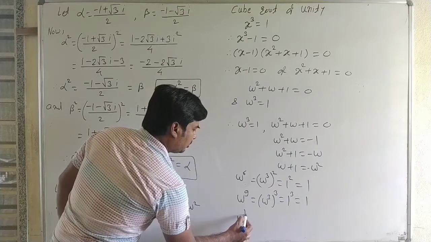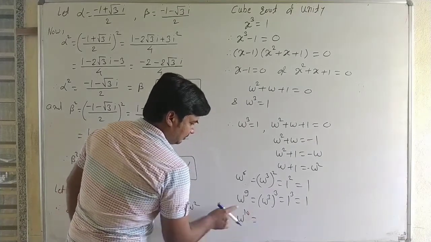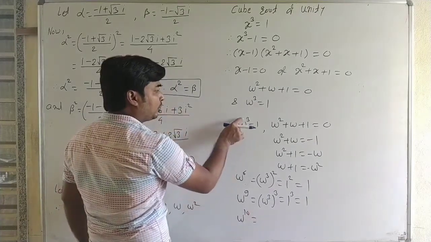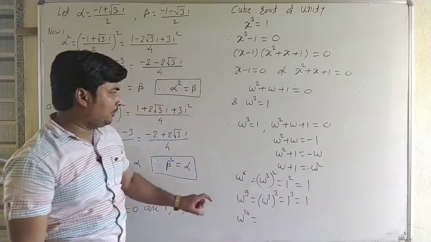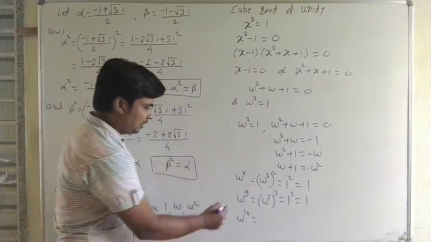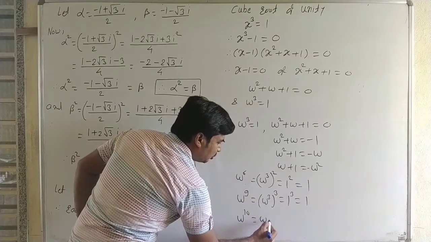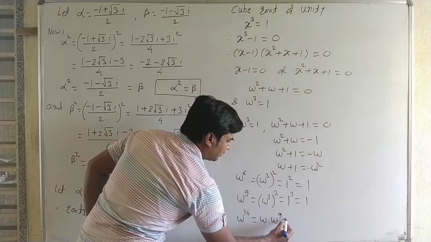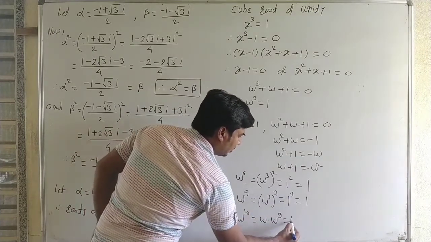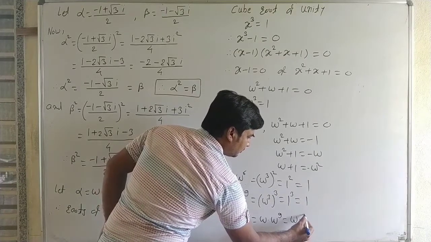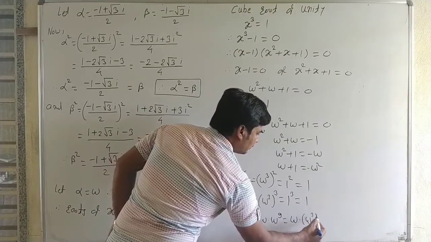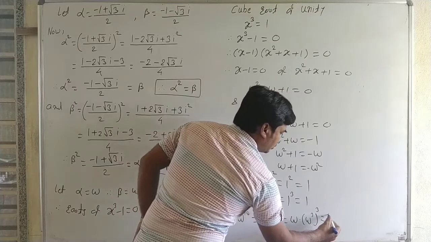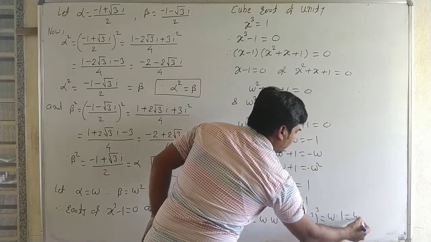Then we get omega to the power 10. Here we know that omega cube is 1, therefore the power 9 is divisible by 3, so we can write omega into omega to the power 9, and omega to the power 9 is 1, therefore omega into 1, it is omega.